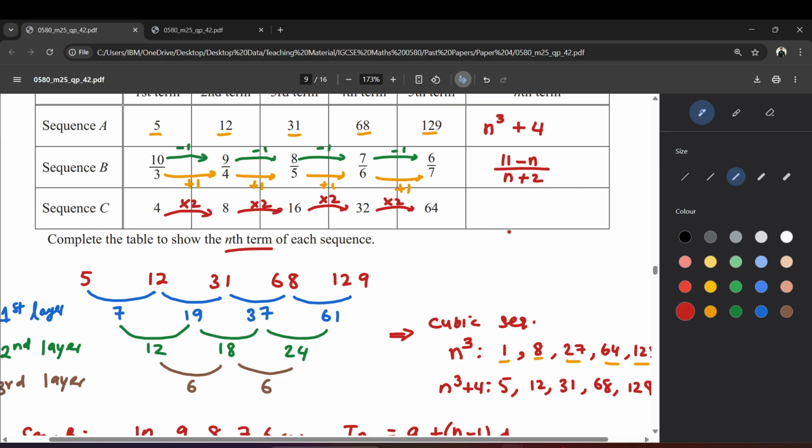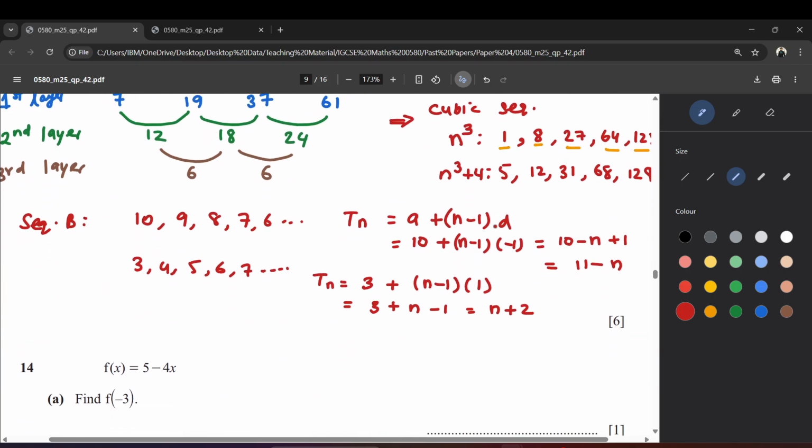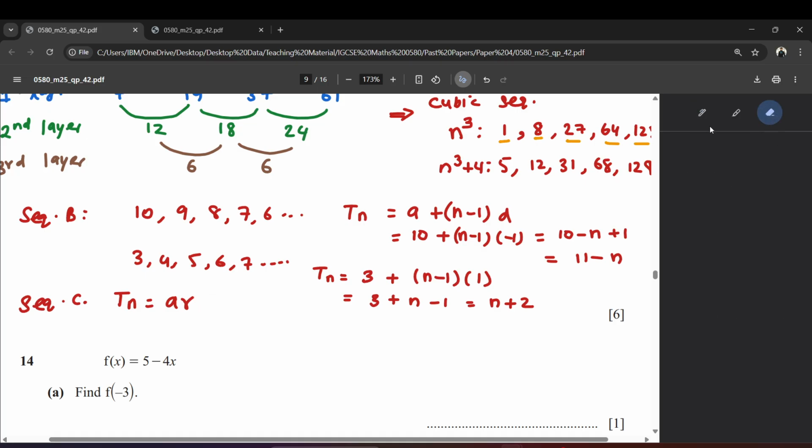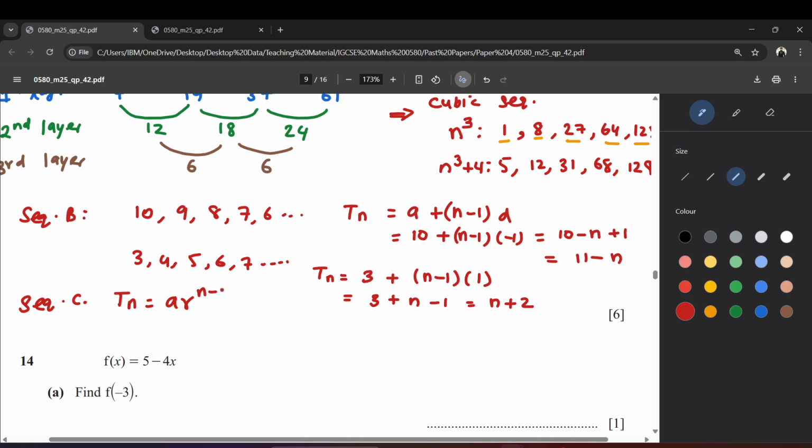So for a geometric sequence, the formula that we use is Tn is equal to a r, sorry, my bad, a r to the power n minus 1. Okay, a r to the power n minus 1.